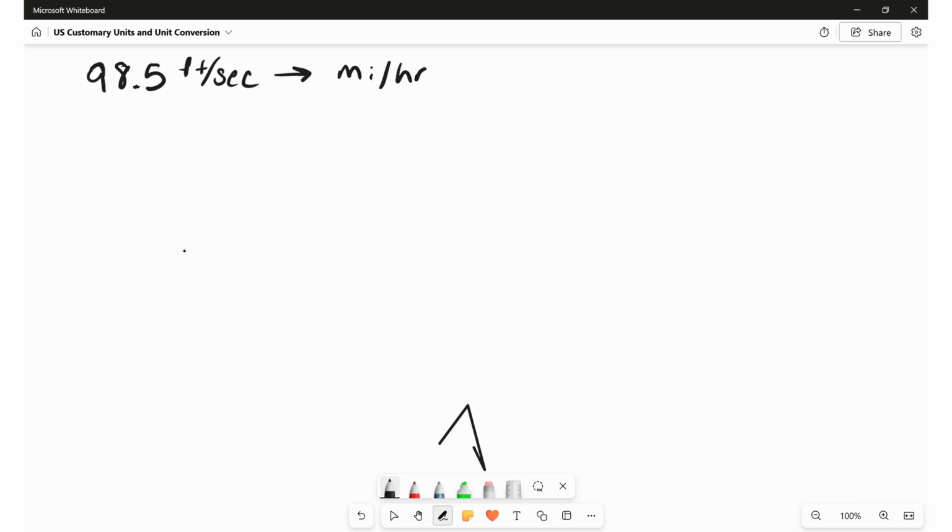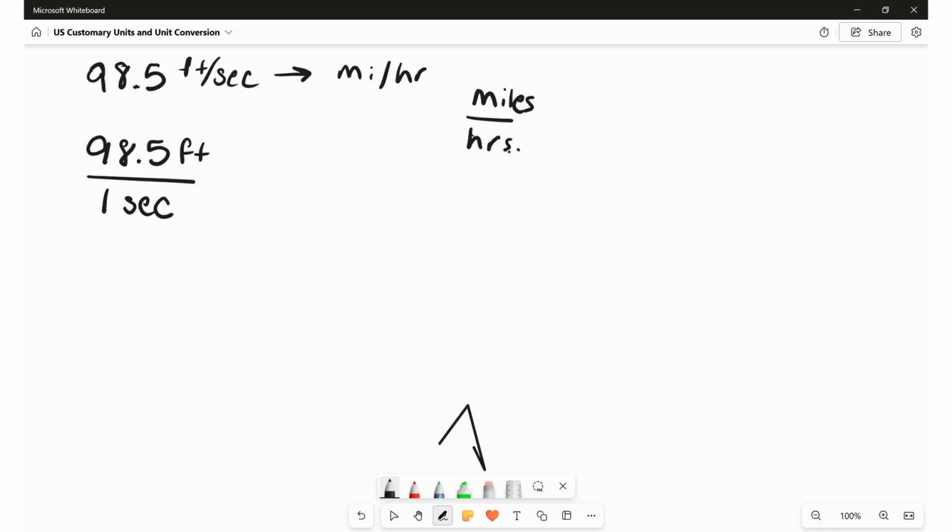So we've got a couple of things here. First of all, we are told 98.5 feet per 1 second. And at the end, we want to have miles on top, hours on the bottom.